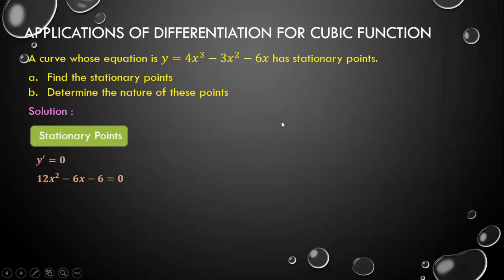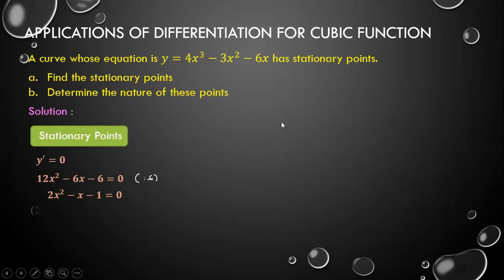Next, by dividing this equation by 6, we'll find the simpler equation. It will be 2x squared minus x minus 1. So, what are we going to do next?